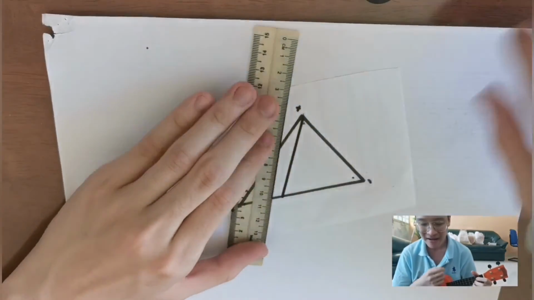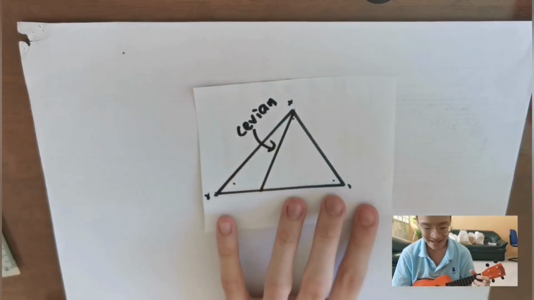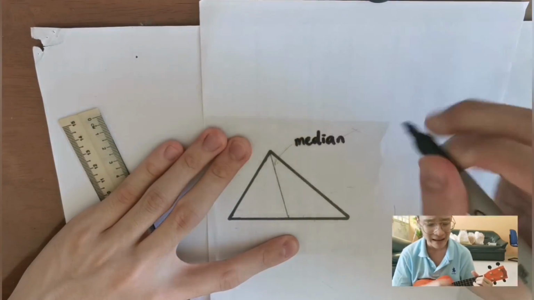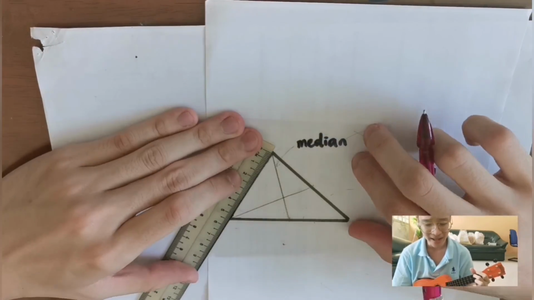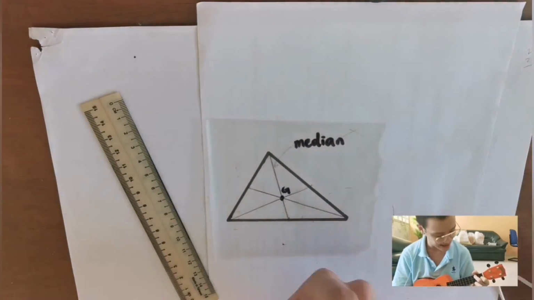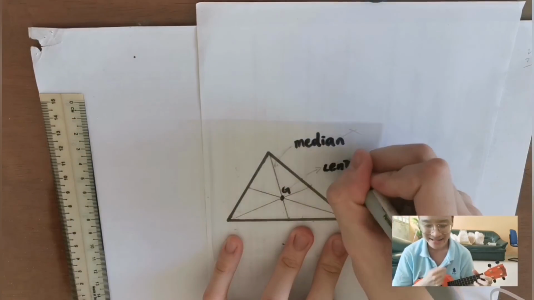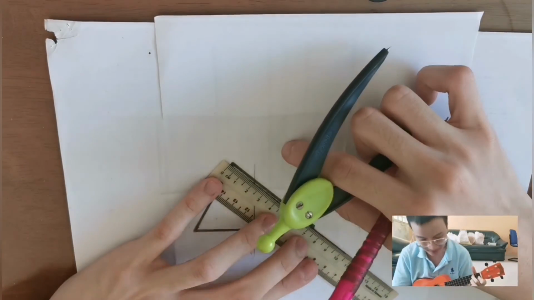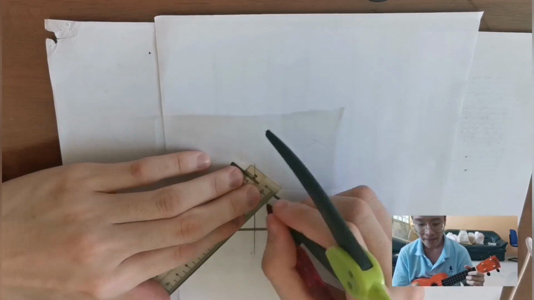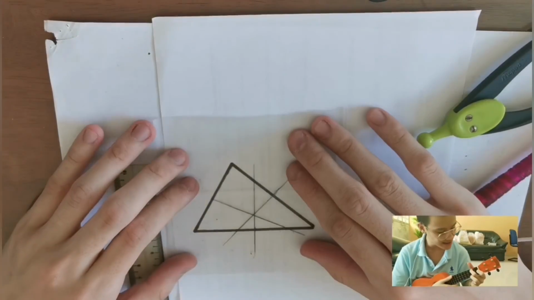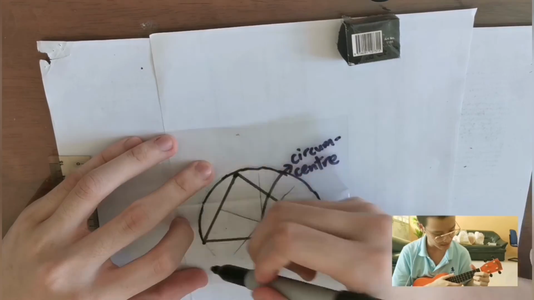To get a circumcenter, you draw 3 perpendicular lines, bisecting each of the sides.